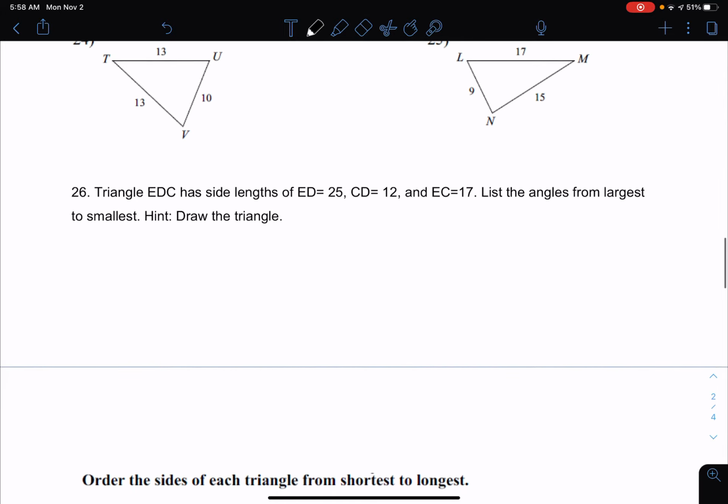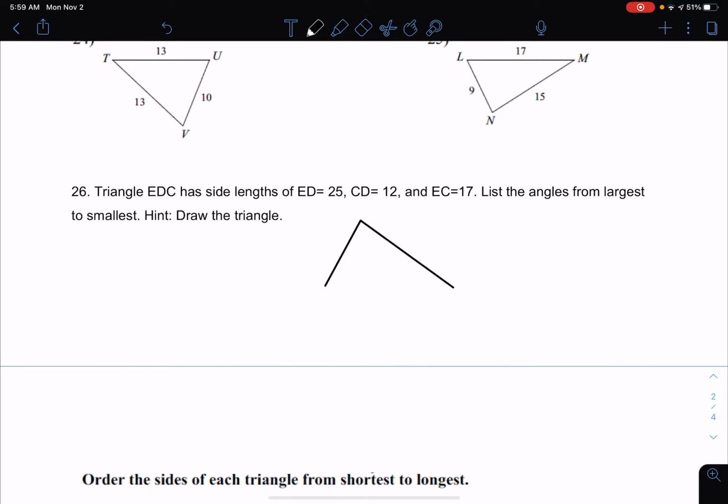Triangle EDC has side lengths 25, 12, and 17. List the angles from largest to smallest. Hint, draw the triangle. So I'm just going to draw a triangle. It doesn't have to look perfect. It could just be a basic triangle, something that just looks like a triangle.